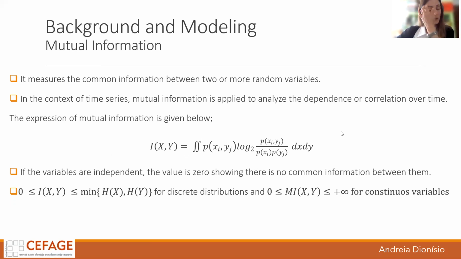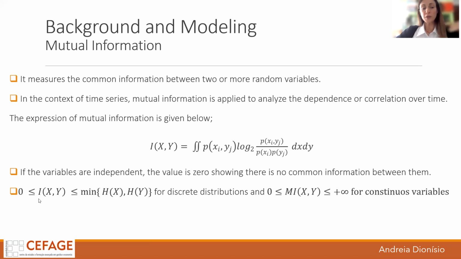This is the global equation for continuous variables when we have two variables. It is given by the joint probability times the log of the joint over the multiplication of the marginal probabilities. If the variables are independent, the mutual information will be null because we have here the logarithm of 1, so this part of the equation will be null.